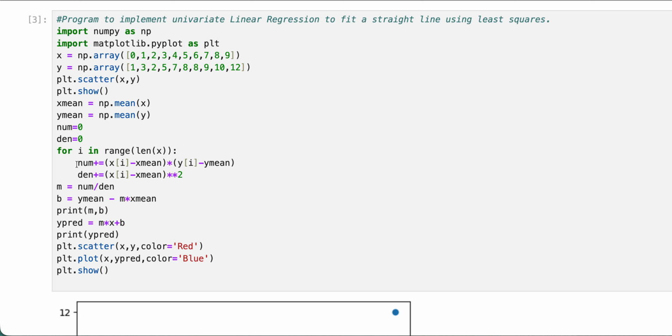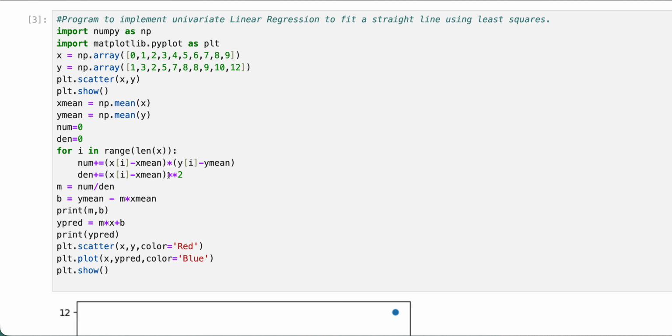Then you calculate the numerator, which is the numerator plus each value of x minus its mean, multiplied by the corresponding y value minus the mean of the y values. Similarly in the denominator, you add x minus x bar, the whole square.